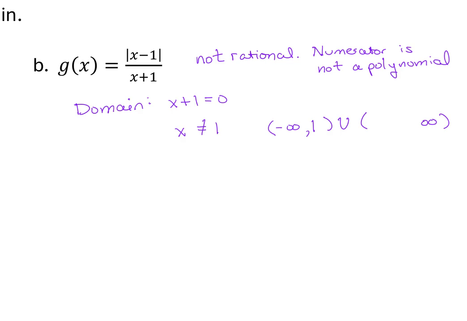We add our union symbol, and then we want all the numbers bigger than 1. And so we get negative infinity, comma 1, both in parentheses, union 1, comma infinity, again, both in parentheses. So even though it's not a rational function, we can still go ahead and compute the domain.